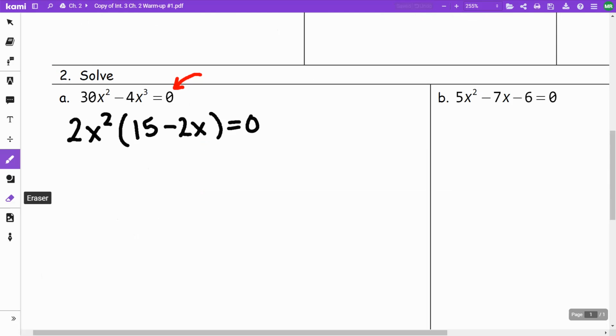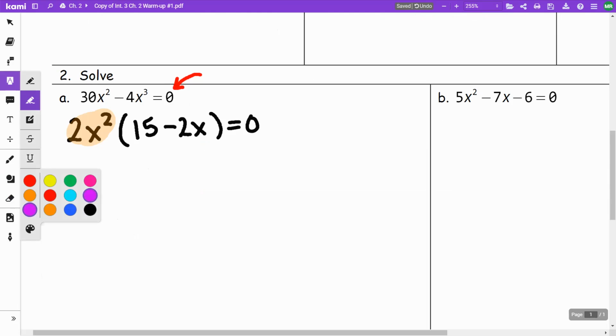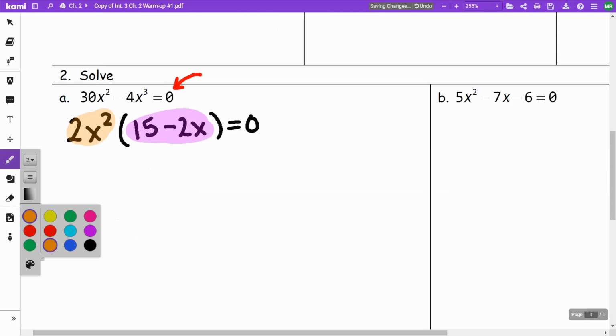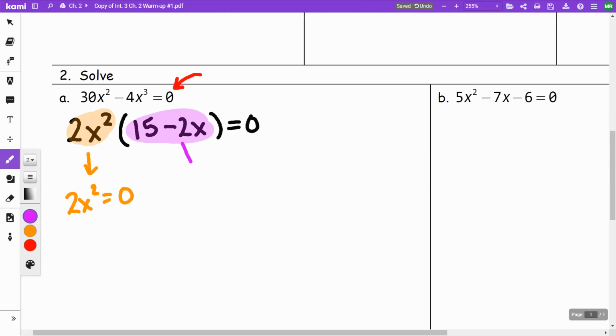So now by the zero product property, I have this times this gives me 0. So either this has to be 0, which means 2x squared equals 0, and I'm going to solve, or this needs to be 0, which is 15 minus 2x equal to 0, and I solve. For this first one, I'm going to divide by 2 and get x squared equals 0.